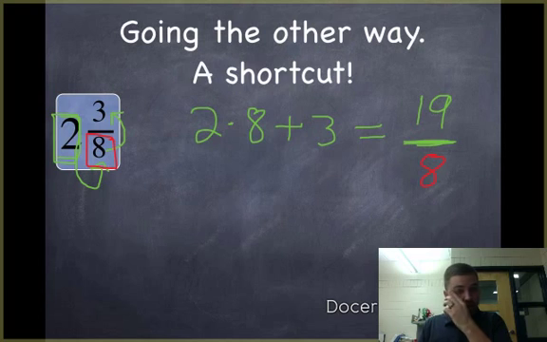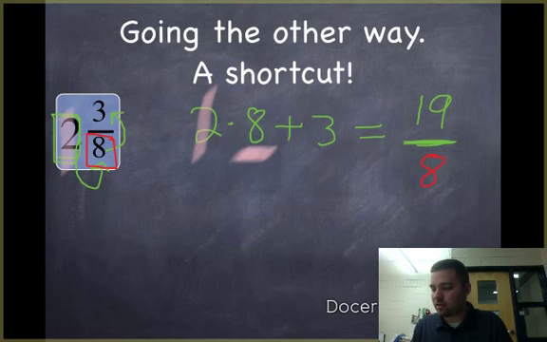Quick recap. I take the whole number, which was 2, multiply that by the denominator, which was 8, and then add the numerator. That gave me 19.